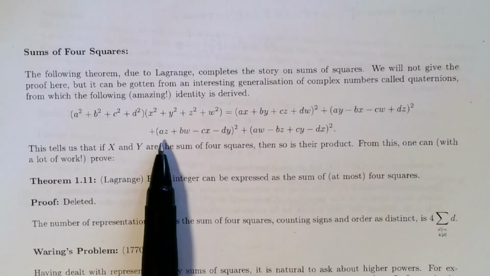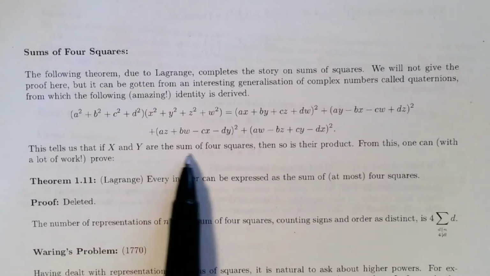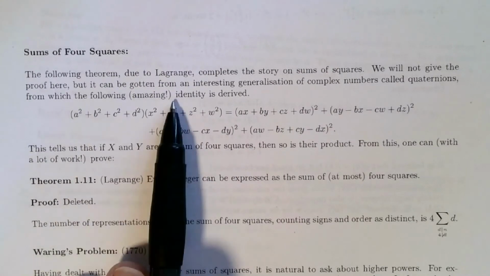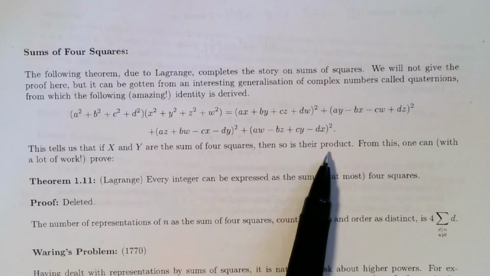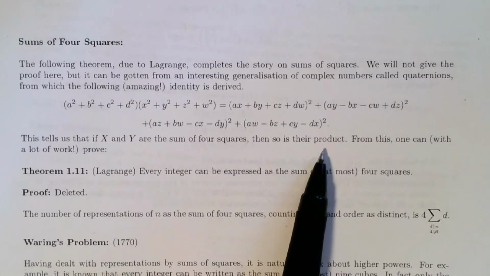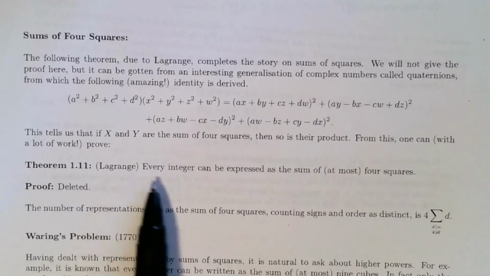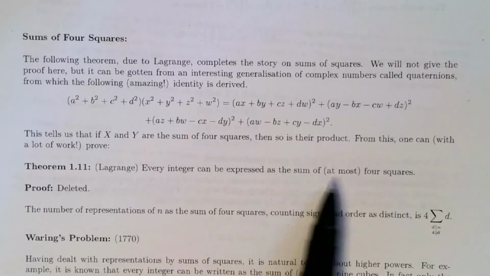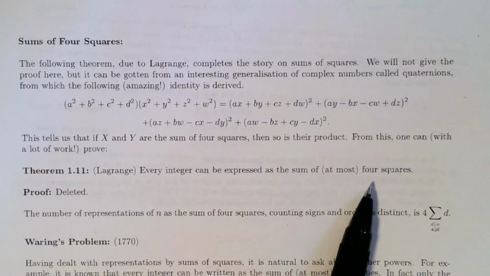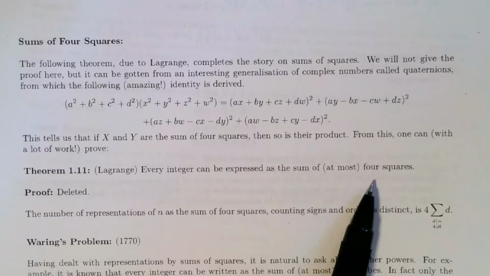So this tells me if x and y are each a sum of 4 squares, then so is their product. And then with a lot of work you can prove finally Lagrange's theorem. Every integer can be expressed as the sum of at most 4 squares. Every integer. So you don't need to go beyond 4.